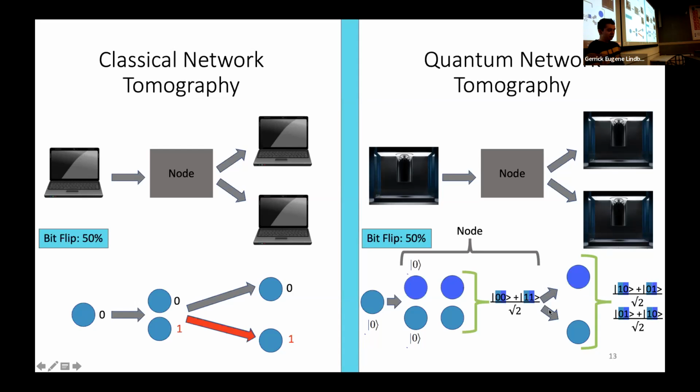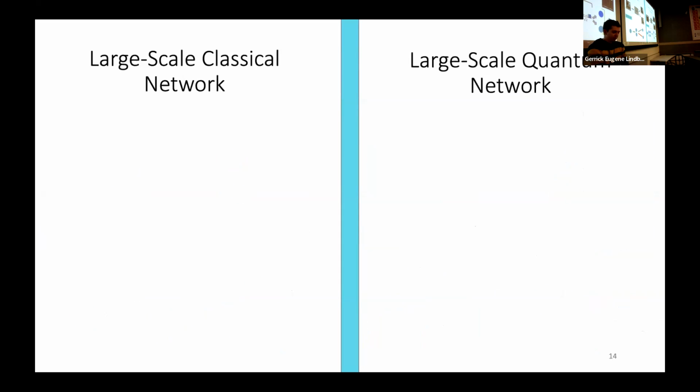However, if we have an error on just one of these quantum channels, we're going to affect the entire entangled state. So any qubits that are entangled there, we're going to see these types of errors regardless of what our output is. Basically, what I want to present here is that we can use the classical network tomography ideas, but we're going to have to apply them a little differently to get more information out.